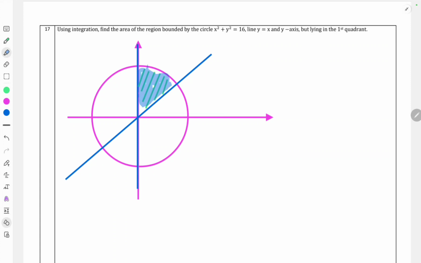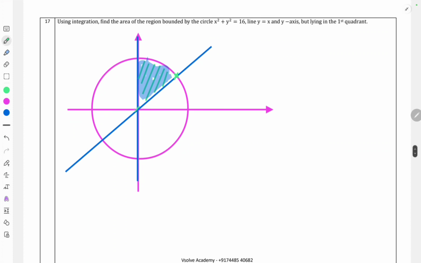So now how to find this part, we can see now. We have to find the intersecting point. This point is x equal to 0, that we know, and here we have to find this point. This is the point of intersection for the line equation y equal to x, and y square equal to 16 minus x square. I have to substitute x square plus, in place of y I can substitute x itself.